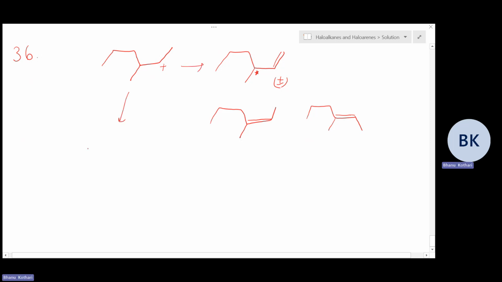It can give us a 3-degree carbocation by hydride shift. Upon rearrangement, if elimination of H plus takes place, then we'll get a double bond either on this carbon or on this carbon, right? How many possible alkenes are there?